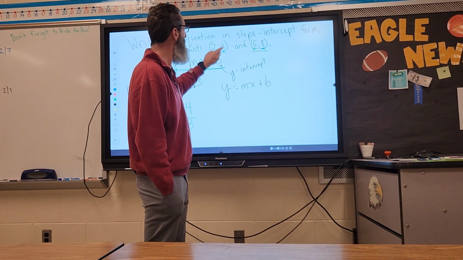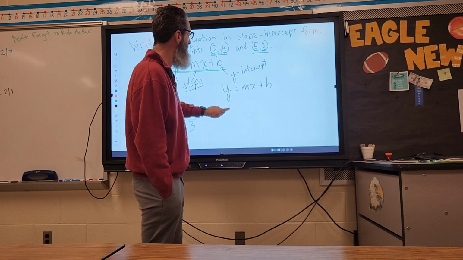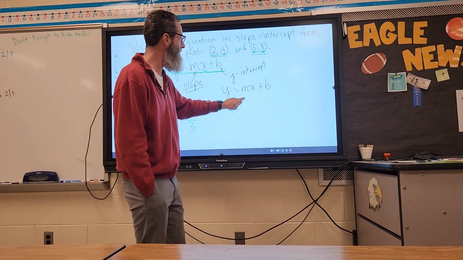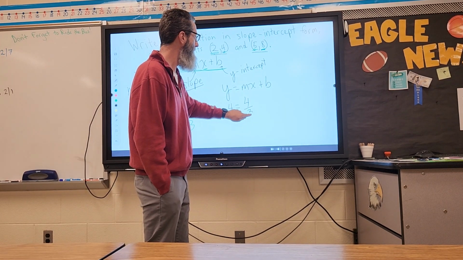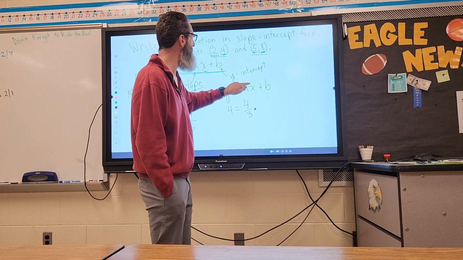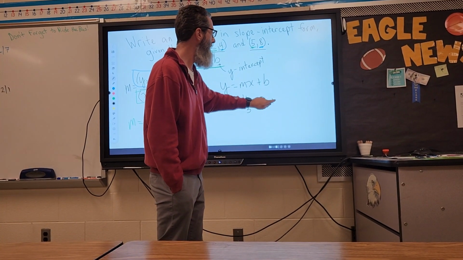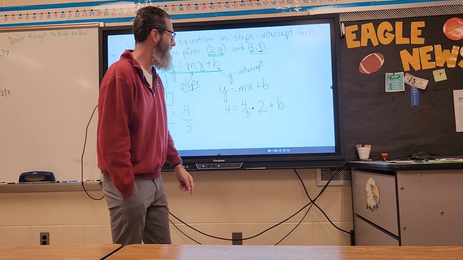This y, I'm going to use this 4. This m, we found to be 4/3. And it's times x, so I use this y, so I'm going to use this x. And we don't know what b is yet.